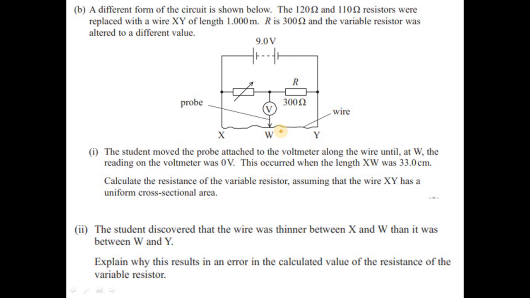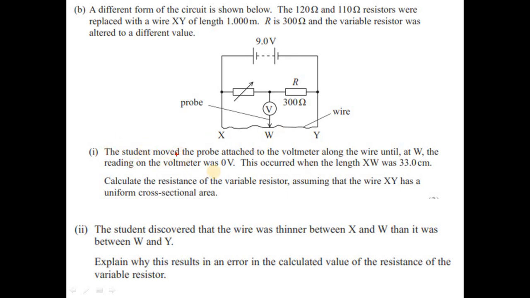A different form of the circuit is shown below. The 120 ohm and 110 ohm resistors were replaced with a wire XY of length 1 meter. R is 300 and the variable resistor was altered to a different value.